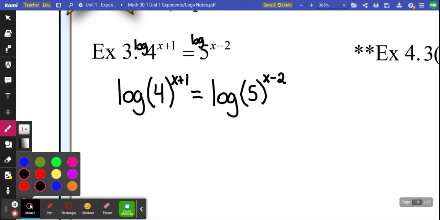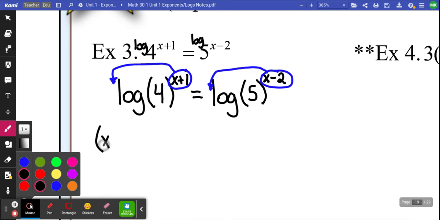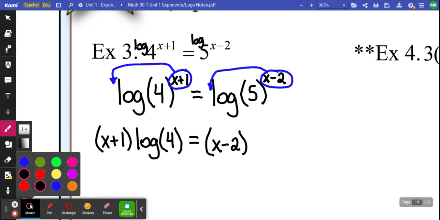The reason it's handy to log both sides is because now both exponents can use our log law where those go in front of the log. So I have (x plus 1) log 4 equals (x minus 2) log 5.